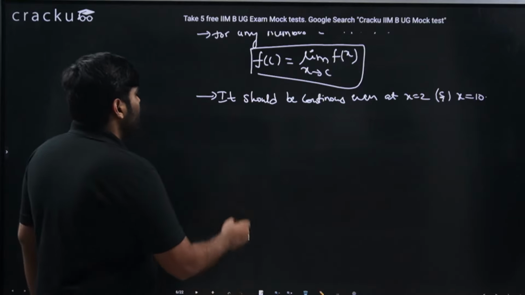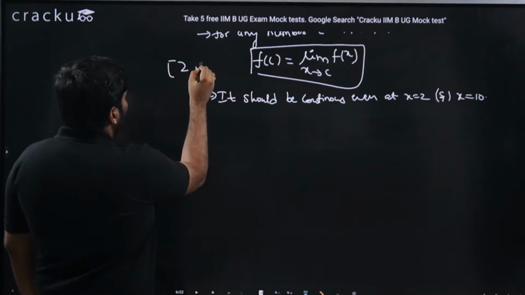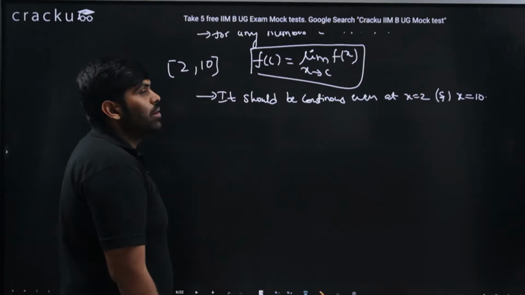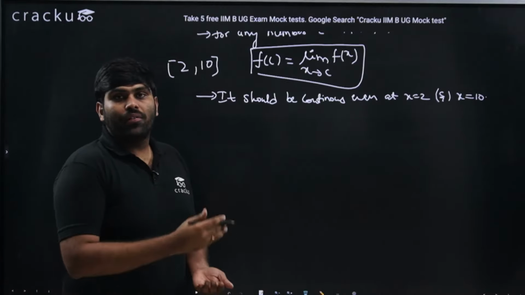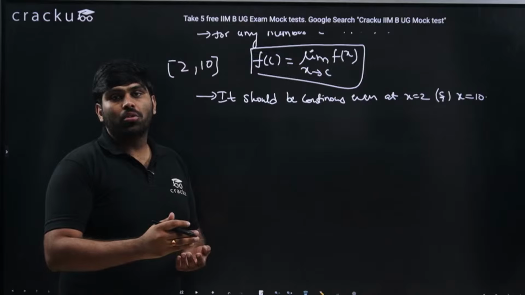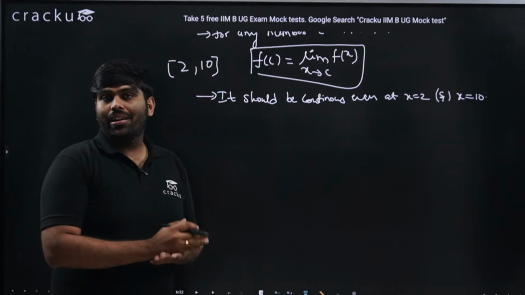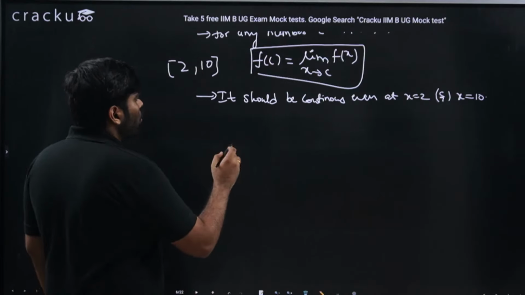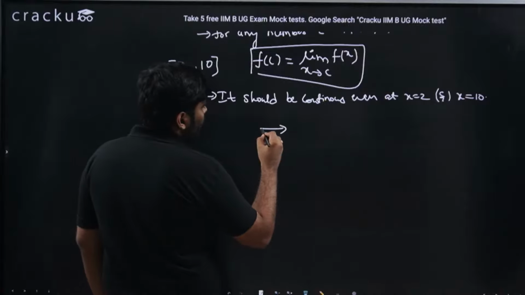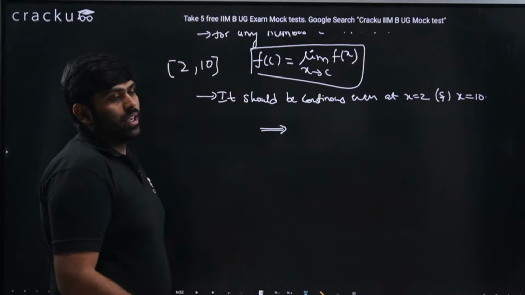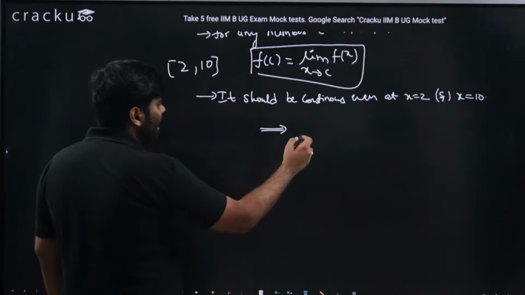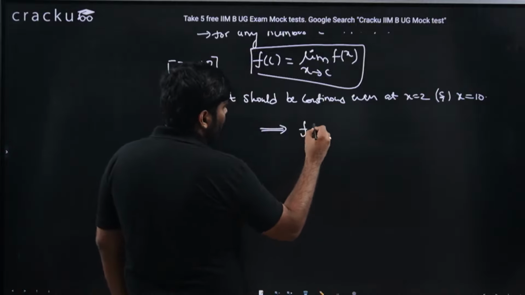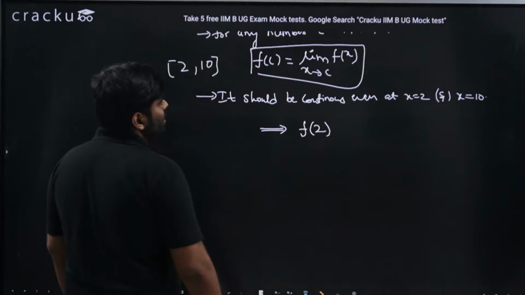What does that mean? When the domain is 2 to 10, you can't take a number which is less than 2 because the function is itself defined from 2 to 10. You can't take 1.9999 because that is not in the domain. So to check continuity at the endpoints, f of 2 is defined anyway because it is in the domain.